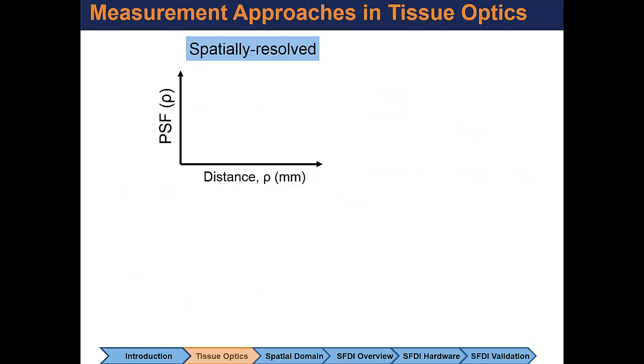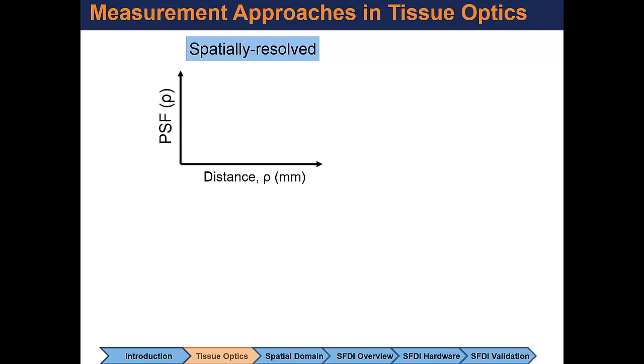When I think about measurement of optical properties, I think about how you put the light in and how you make measurements of the light. So there are roughly four quadrants, two of which we'll focus on today. On the left-hand side, we have spatially resolved techniques. This is where I take this laser pointer and send a light beam in, and I measure a point spread function.